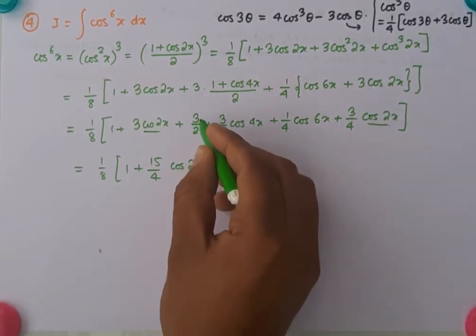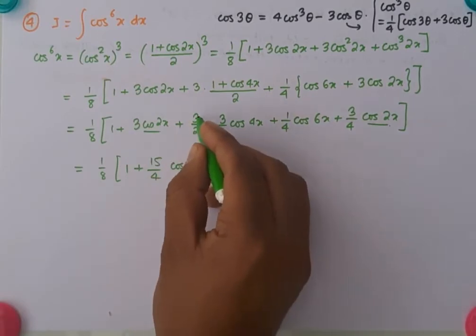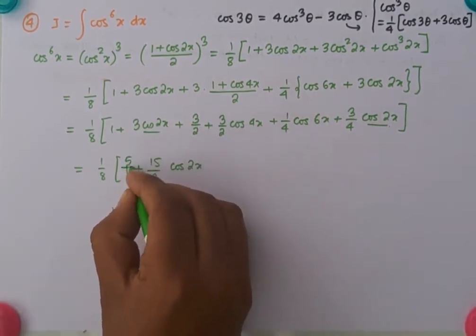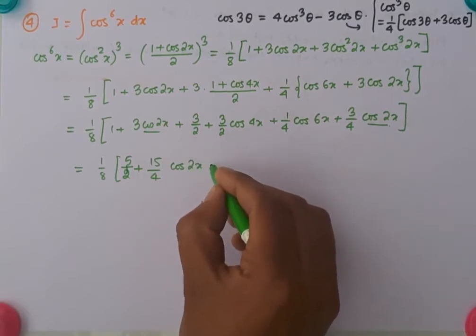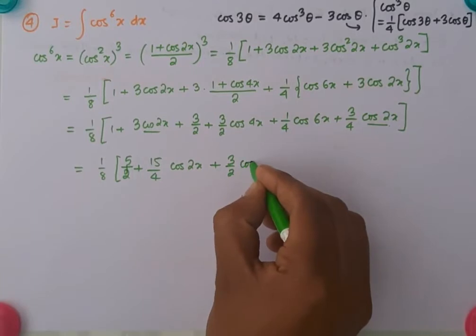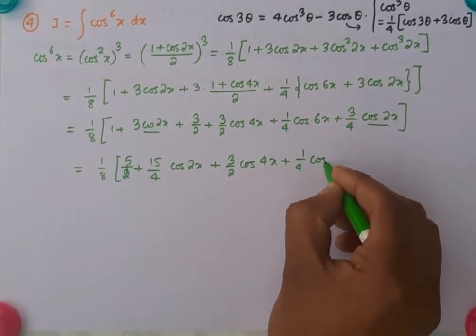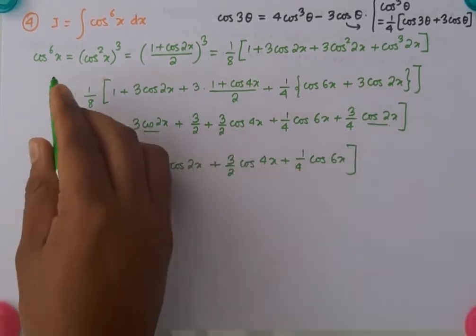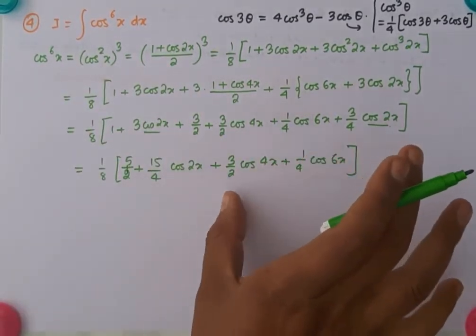Here we have 3 by 2 plus 1, so 2 ones are 2, plus 3, it is 5 by 2. So the constant term is 5 by 2. Then we have 3 by 2 cos 4x, and ultimately 1 by 4 cos 6x. So we have expressed this integrand in terms of multiple angles, as you can clearly see.